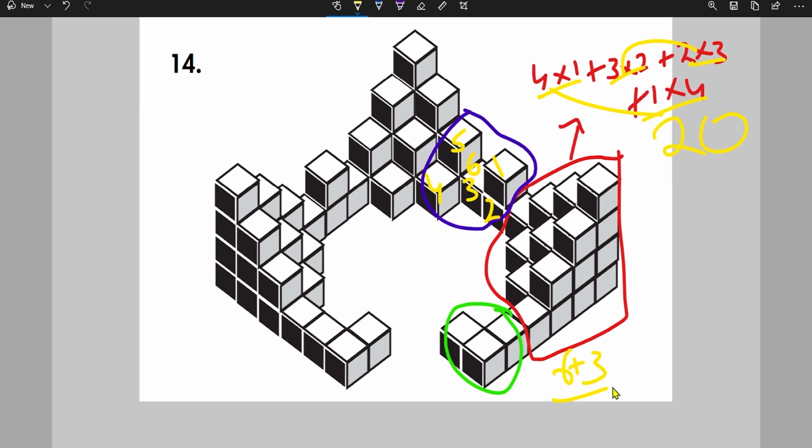So 20 there plus, it's not 6, it's 9. Which one? It's 9. Which you wrote on the pen, or this one? 4 into 1. Yeah, so 6 plus 3. So total I'm saying 9. Okay.